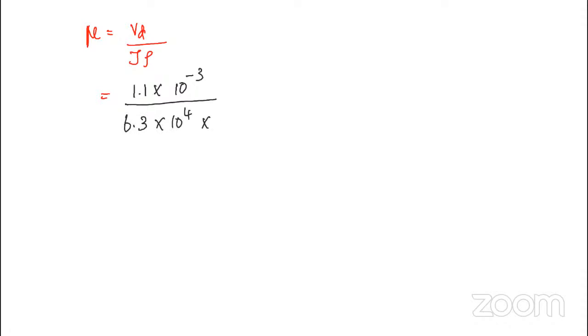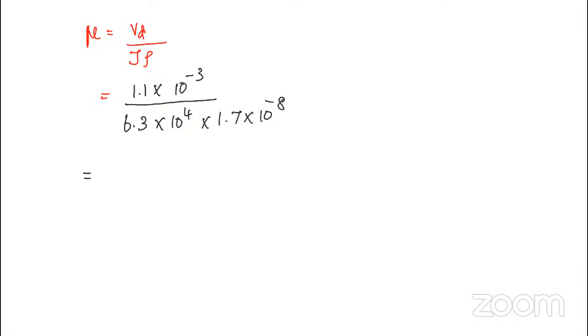Mu is equal to Vd divided by rho into J. Okay. So let us now substitute the values here, that is 1.1 into 10 power of minus 3 divided by 6.3 into 10 power of 4 into 1.7 into 10 power of minus 8.